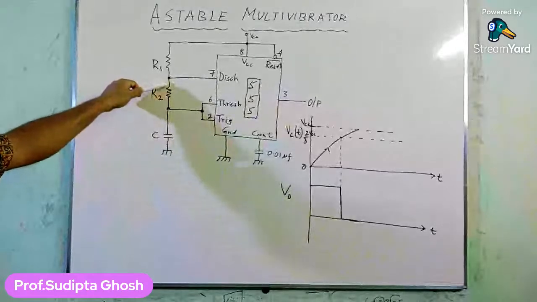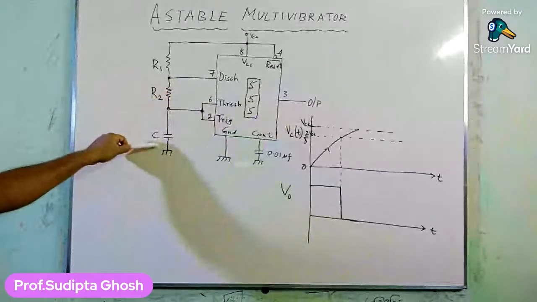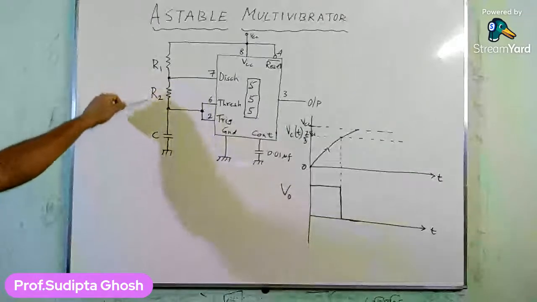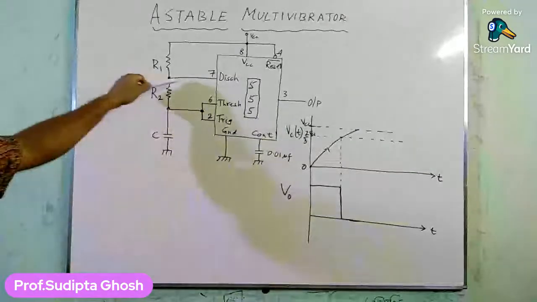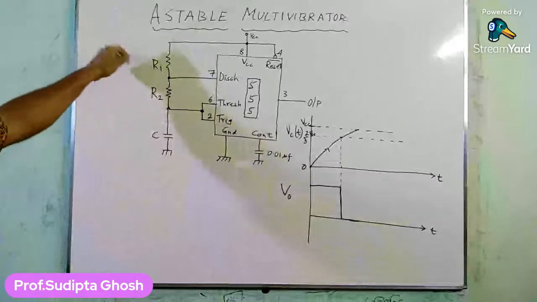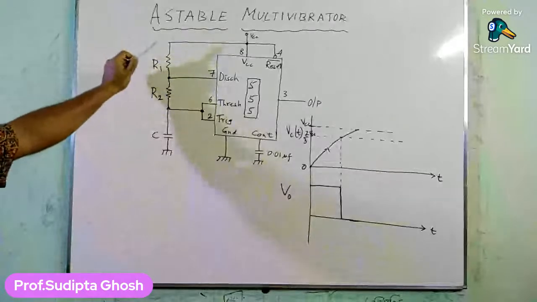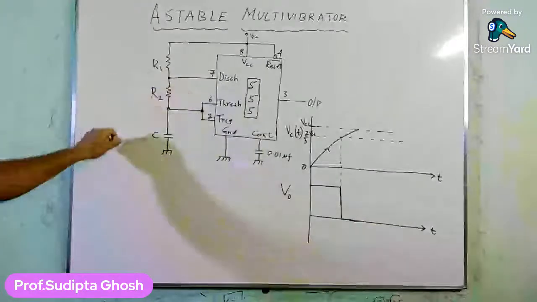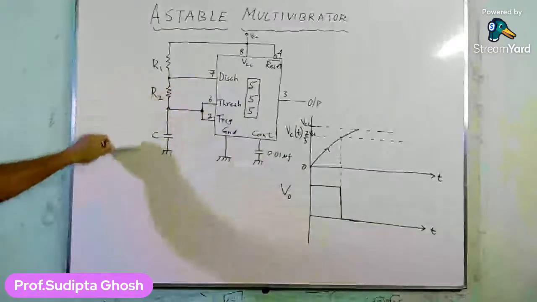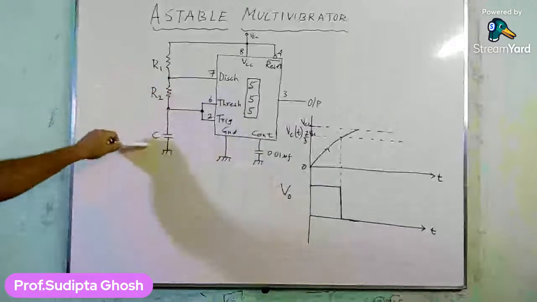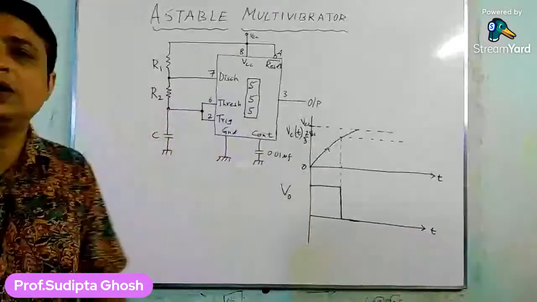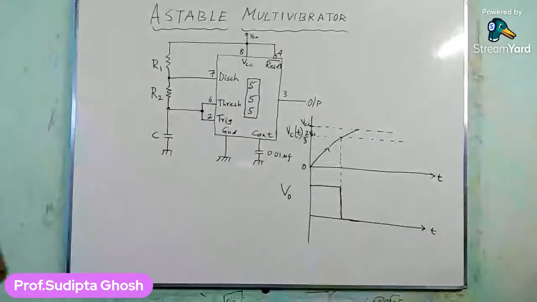So the capacitor discharges, and the path of discharging is only via the resistor R2, as R1 is disconnected from the upper part of the circuit, and pin number 7 and the capacitor are shorted to ground. So the capacitor will discharge, and the discharging time constant will be R2C. Is it okay?